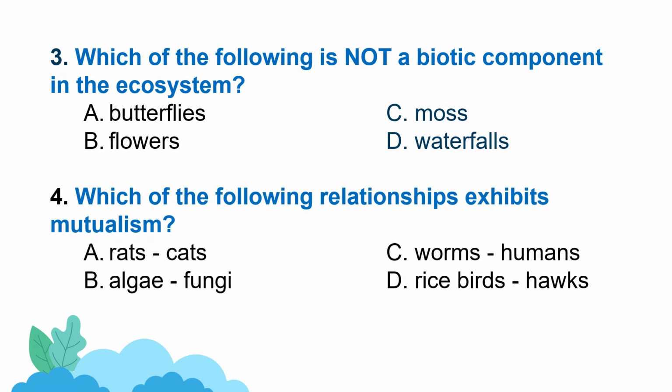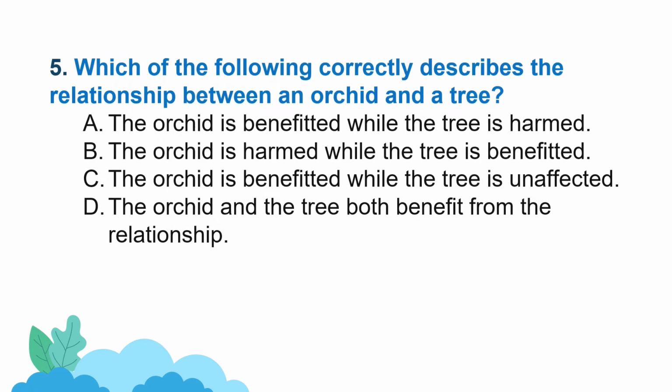Number 4. Which of the following relationships exhibits mutualism? A. Rats, cats. B. Algae, fungi. C. Worms, humans. D. Rice birds, hawks. Number 5.